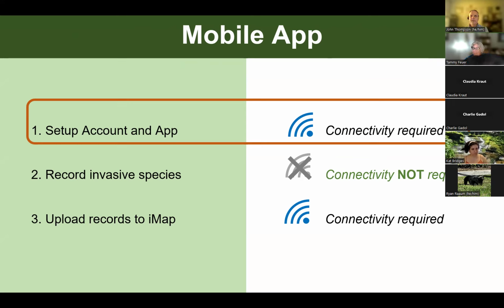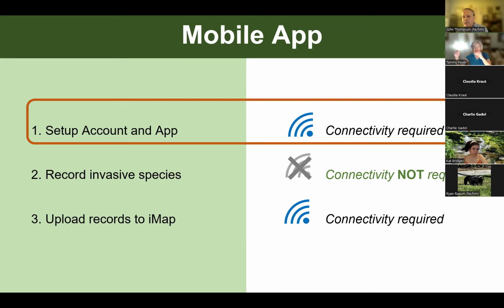There is a place on the upper left of the screen, I should have pointed it out, where you can enter a location, like a town name, and the map will zoom into that. Or you could just keep magnifying the map until you zoom into New York State or the Catskills or whatever region you might be interested in.